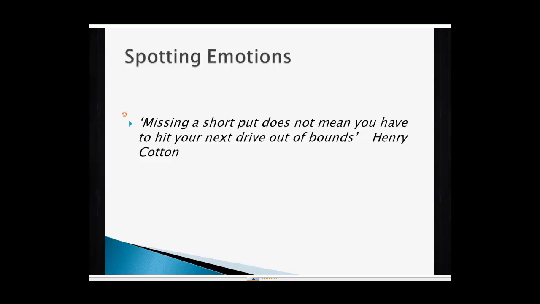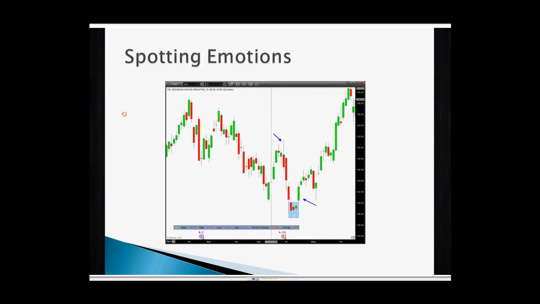But at the end of the day, even behind those machines, there are some human beings. So there are ways for us to be able to detect what the emotions in the markets are, and that's really what I want to show you today.